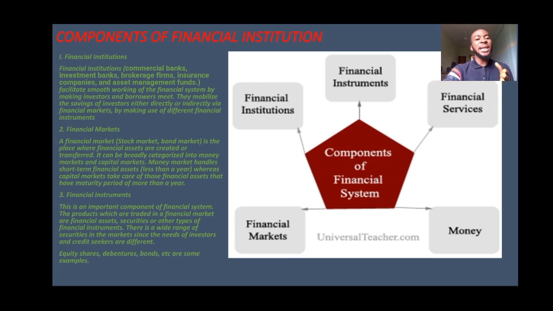So the financial institutions serve as the go-between, the body that helps the investor, who is the lender, to lend his money, and the borrower to borrow from the institution. It bridges the gap between both of them, helping investors invest their money and helping borrowers, the merchants or business people, to fund their business.